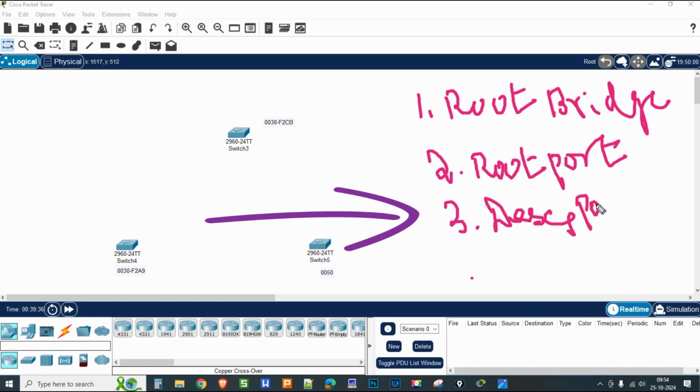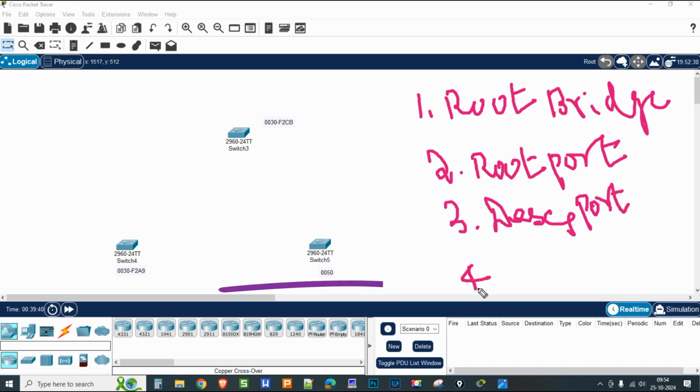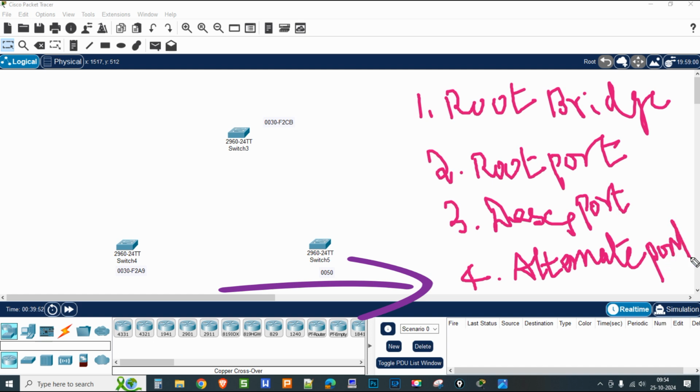And fourth is the alternate port. Alternate port is nothing but the blocked port. It blocks the loop. These are the 4 election processes in the spanning tree protocol.